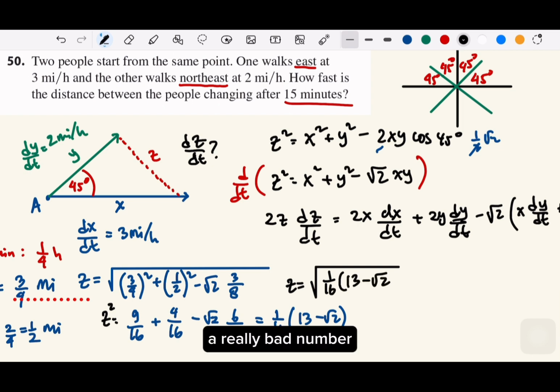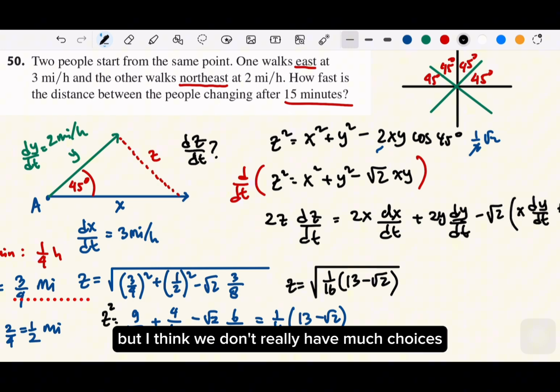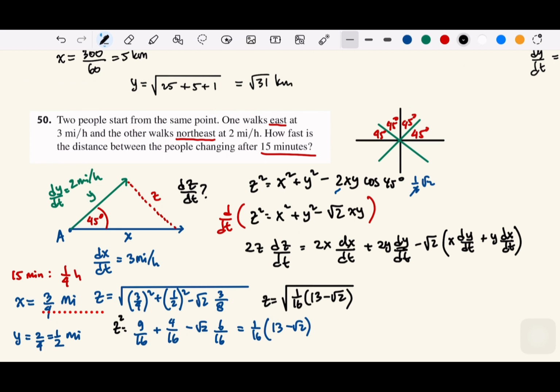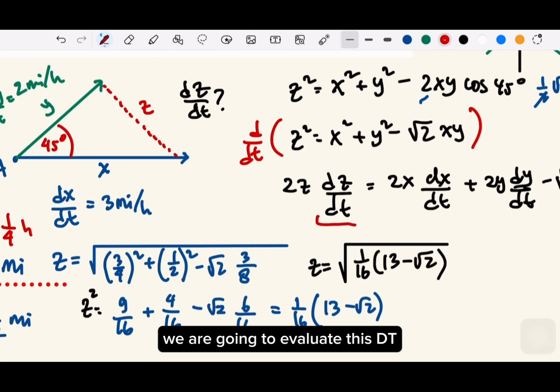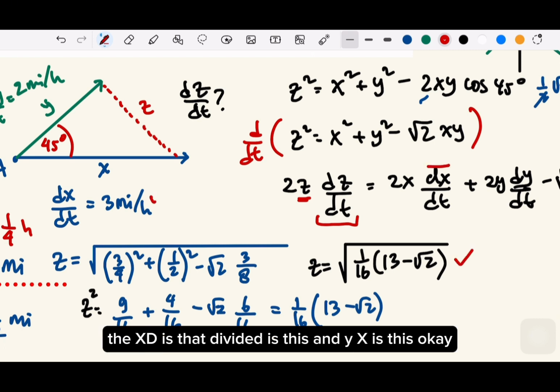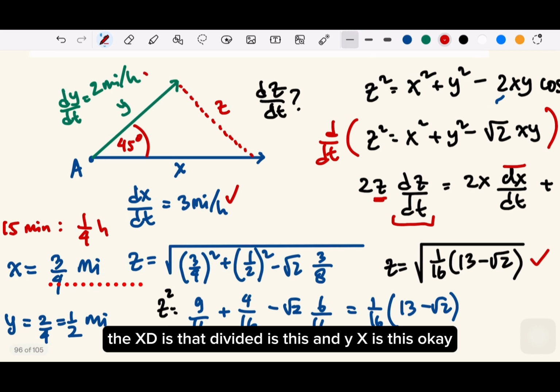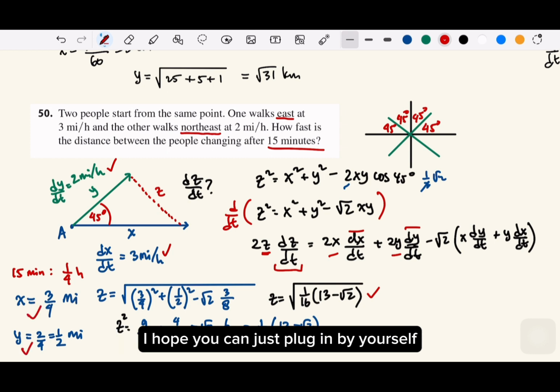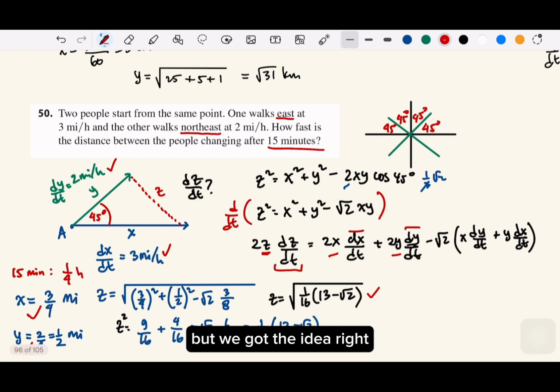A really bad number, but I think we don't have much choice. The idea here is we are going to evaluate dz/dt. So taking z as this, dx/dt is that, dy/dt is this, and xy is this. I hope you can just plug in by yourself. I think it's okay to use a calculator for this one. This is not really helping the question, and the answer is also complicated, but we got the idea, right? We got the idea. Okay.